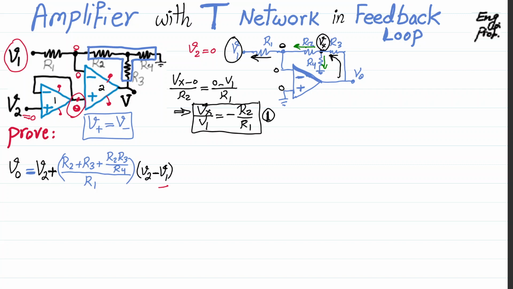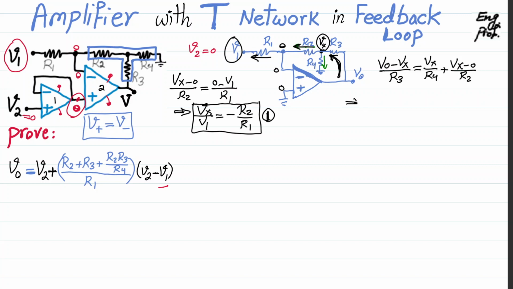Vout minus Vx divided by R3, so that's this current, should be equal to Vx over R4, which is the current through R4 to AC ground, plus Vx minus 0 divided by R2, meaning the current going through R2 toward the negative input terminal.